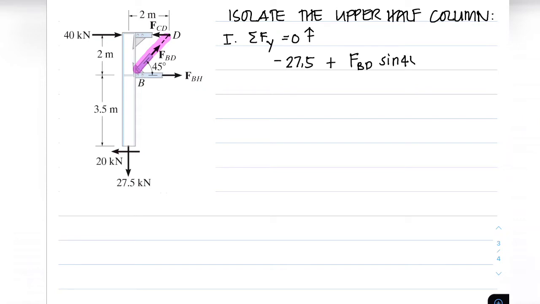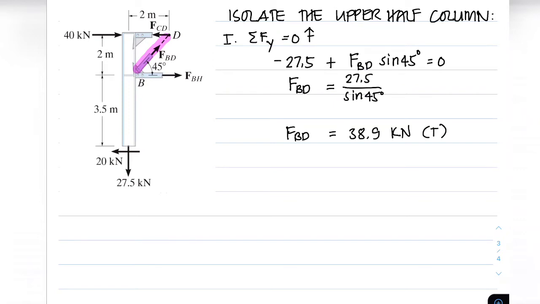And also, the other available vertical load or vertical reaction is the 27.5. So our equation for the summation of vertical forces equal to 0 is negative 27.5 plus FBD sine 45 degrees equal to 0, which will yield a value of our FBD equal to 38.9 kilonewtons in tension.